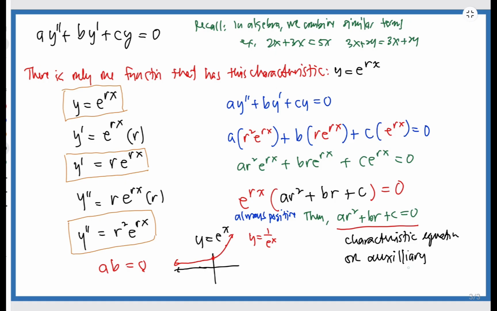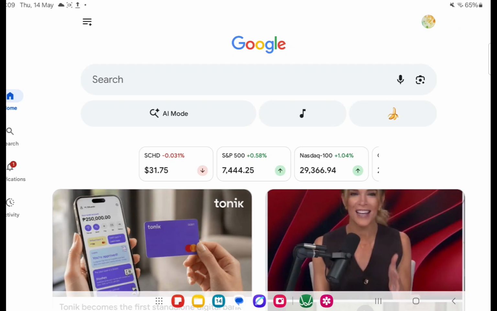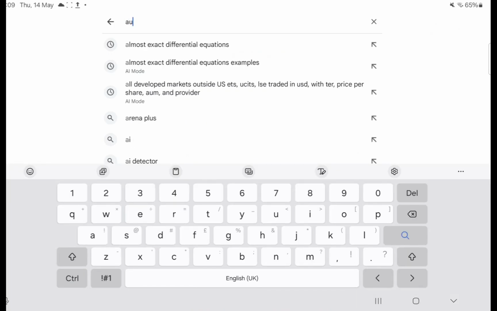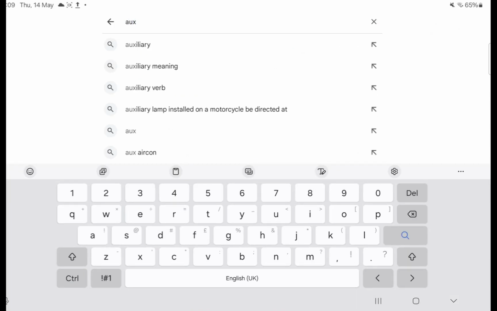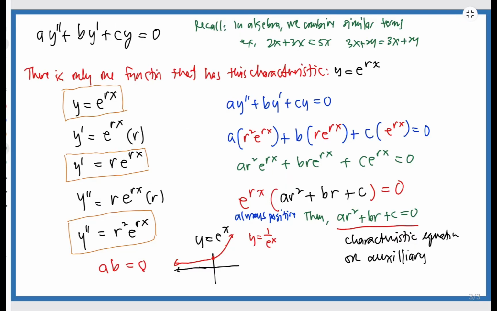Only one L or two L? Only one L. Okay. So auxiliary equation. Okay, so this is how we solve a second order linear homogeneous differential equation with constant coefficients.